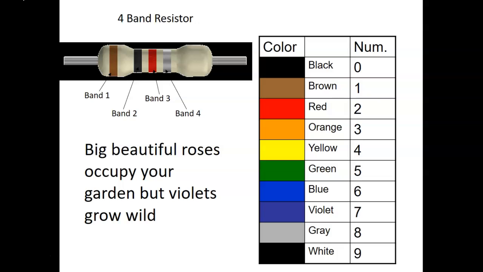Now, one thing I will say about these bands is that it will never start with the color black. Just like you do not write the number 10 as 0, 1, 0, you're not going to start your color bands off with the number 0. Does that make sense?